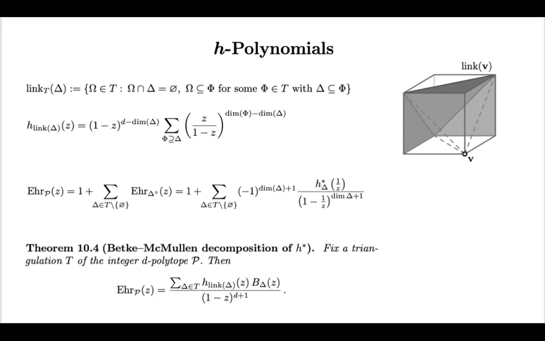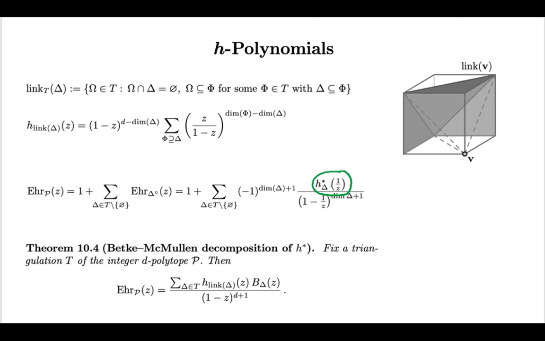At any rate, now we're doing exactly the same thing as in the case of a unimodular triangulation. So again, I'm writing the Ehrhart series of P as the sum of Ehrhart series of the relatively open simplices in my triangulation. Now the difference is that the h star polynomial of each simplex is not as simple anymore as in the unimodular case, but it turns out you can write this in terms of the box polynomials that we introduced in the beginning of this video.